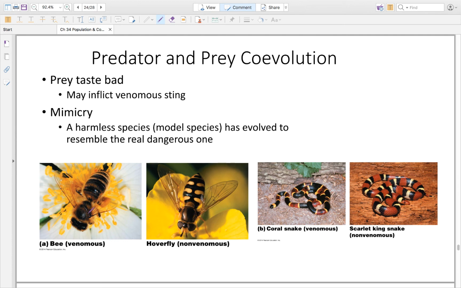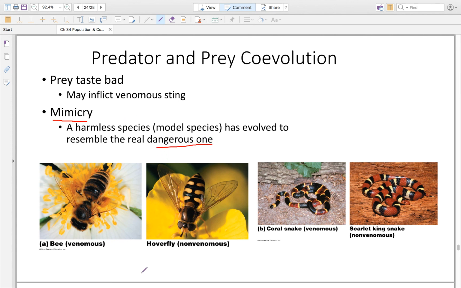Other predator-prey coevolutionary tactics. Plants will evolve to taste bad, and that's one tactic. Some organisms will sting, and some organisms evolve something called mimicry. Mimicry is when a harmless organism has evolved to mimic and look like a dangerous organism.